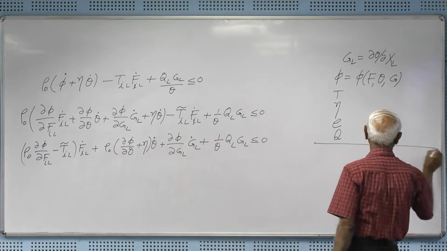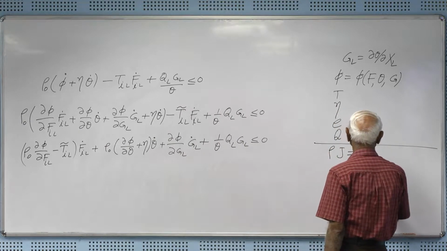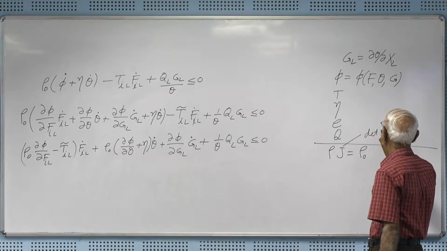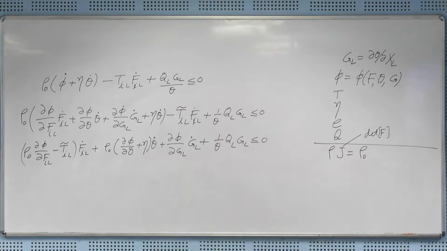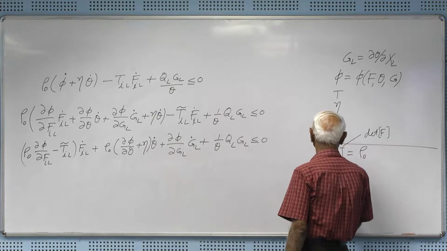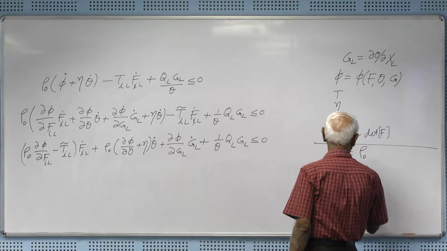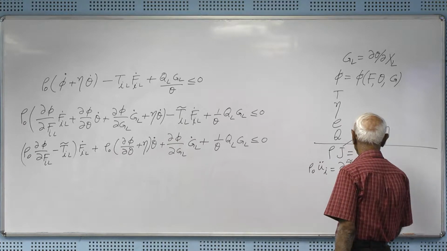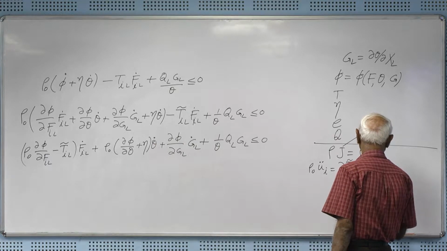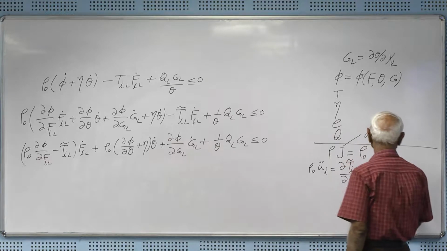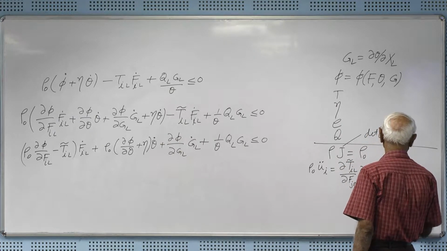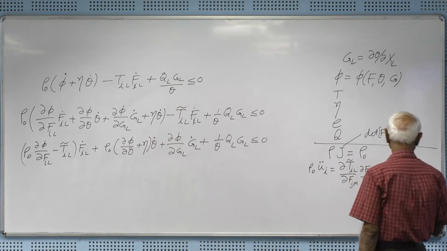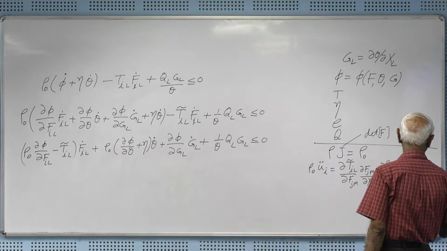Now in the governing equations, we have rho J equal to rho 0, where J is the determinant of F. The next one is rho 0 u_i double dot equals the gradient of T_iL, that is the derivative of T_iL with respect to X_L, plus the derivative of the heat-flux term with respect to X_L, plus rho 0 b_i, and the same thing for the energy equation, which I won't write. You don't need to write this, but I do to give you my reasoning.